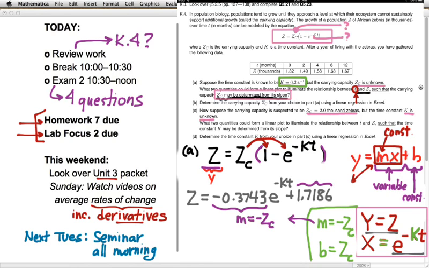So all we have to do is set minus the carrying capacity equal to this number. 0.3743 equals minus zc. From whence we can find out that zc, the carrying capacity of this ecosystem, is 0.3743. And looking back at the units, that's 0.3743 thousand zebras.